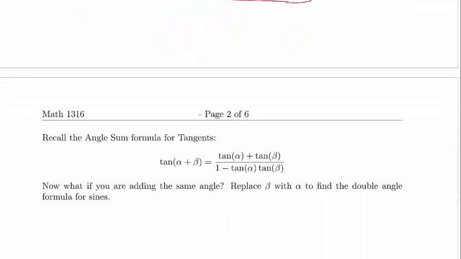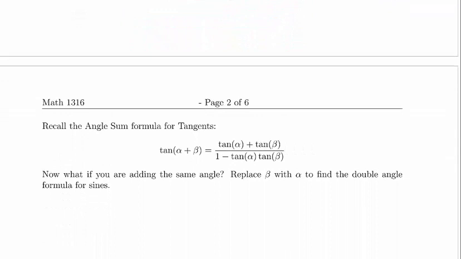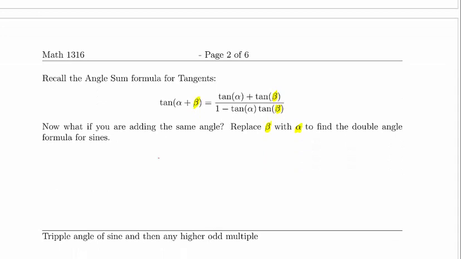Tangent, same thing. Everywhere we see beta, replace it with alpha, so we have a beta here, a beta here, and there. When we work this through, this becomes tan of alpha plus alpha equals tan alpha plus tan alpha divided by 1 minus tan alpha tan alpha.